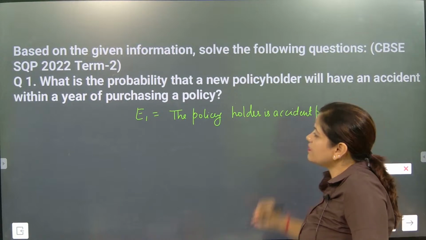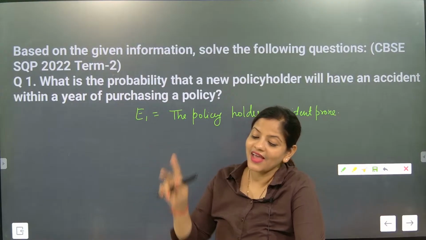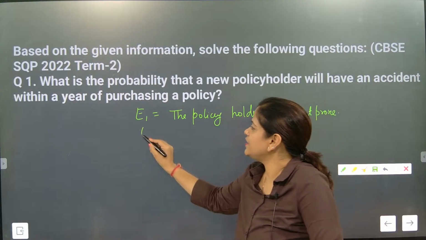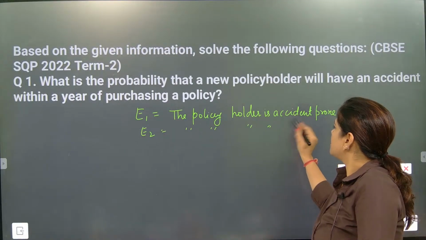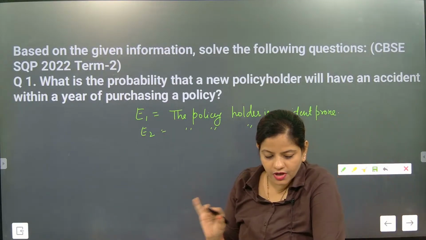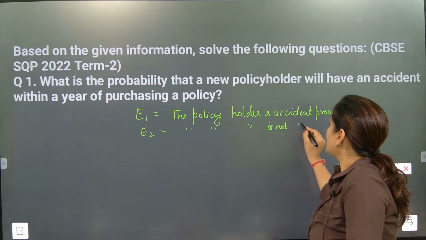Remember, E1 we are taking as policy holder accident prone. What is E2? E2 is the policy holder is not accident prone. Understood?